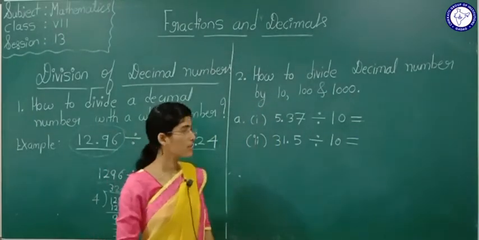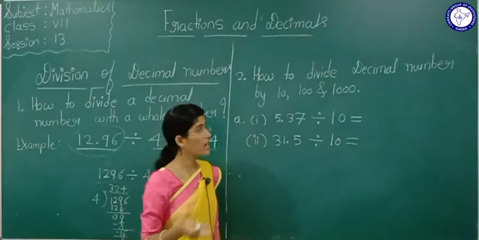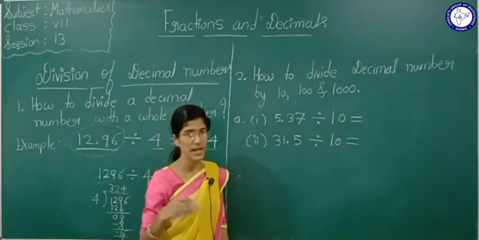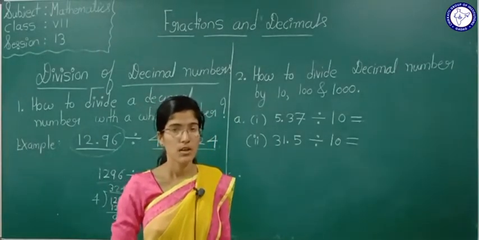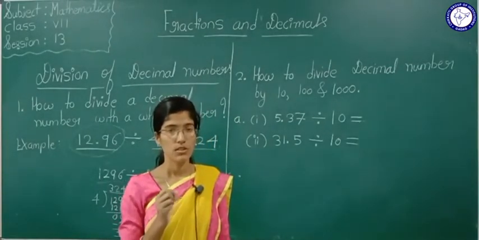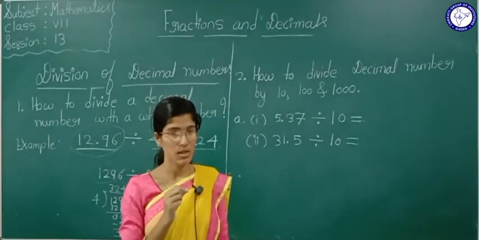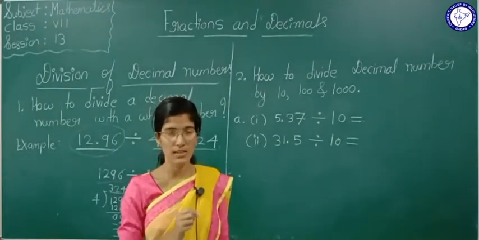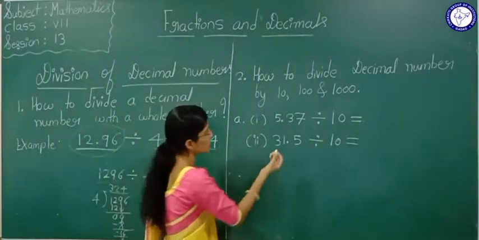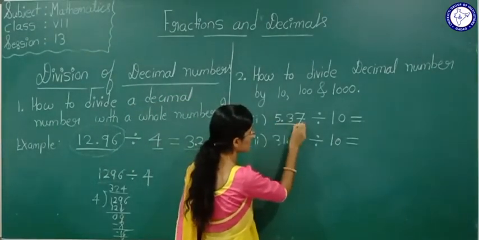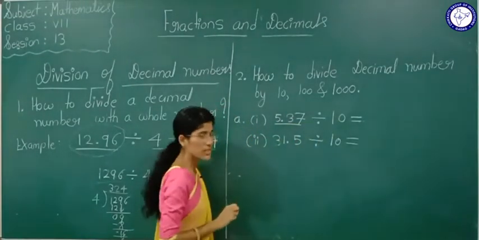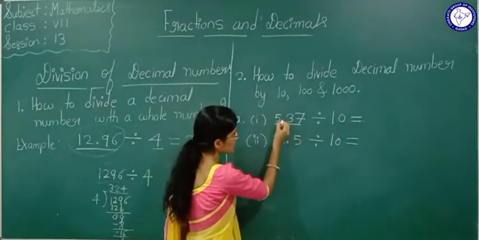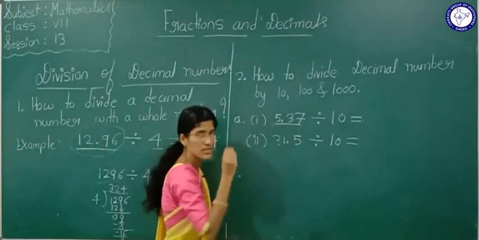Now see here. In the last class we studied how to multiply a decimal number by 10, 100 and 1000. At that time, if you wanted to multiply a decimal number by 100, we used to shift the decimal point by 2 places to the right. Now if you want to divide this decimal number by 10, just shift this decimal point to the left by 1 place.